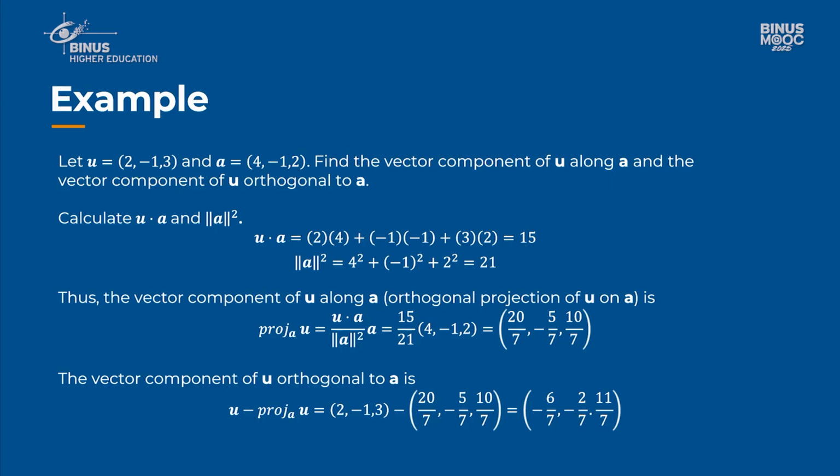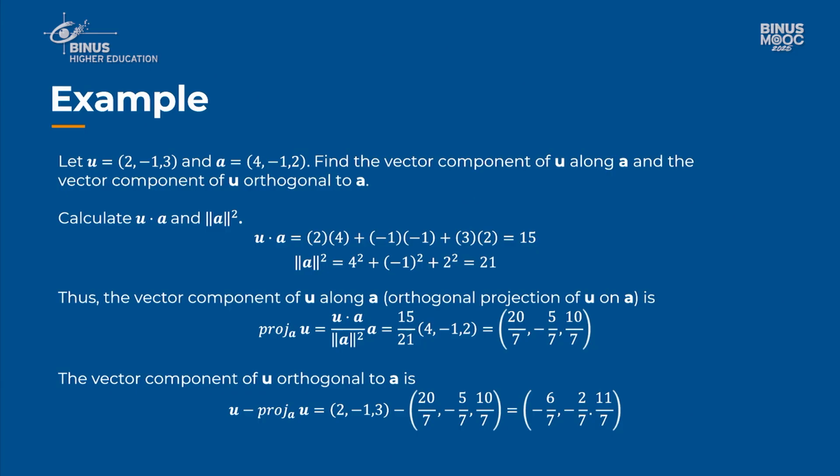Thus, the vector component of u along a, or orthogonal projection of u on a, equals u dot a divided by the length of a squared times vector a, or 15 divided by 21 times the vector (4, -1, 2), which equals (20/7, -5/7, 10/7).